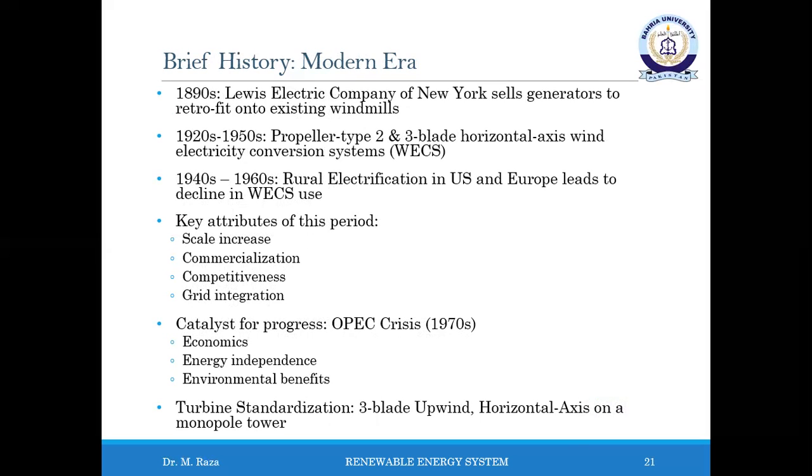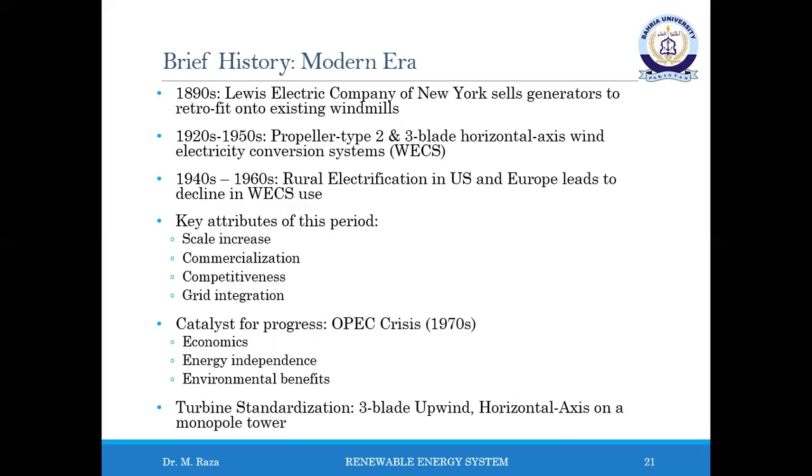During this period, the electricity system became very competitive, and electricity was generated by several other means such as fossil fuel. At that time, the awareness about the environmental effect was low. Thus, the key attributes to prefer the source to produce electricity were the scale of installation, that is, how much power can be generated from a single unit, commercialization, competitiveness, and ease in the grid integration.